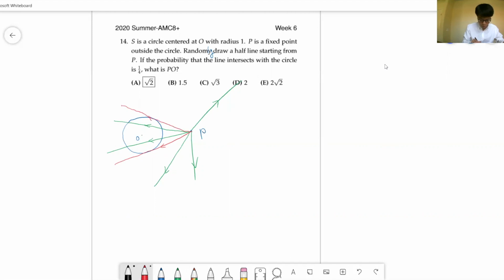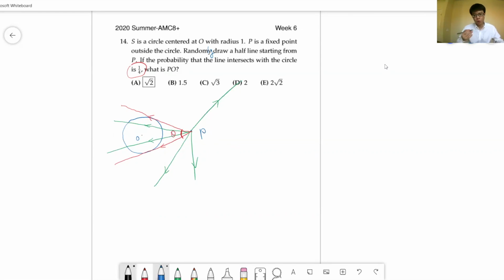And if we draw a half line within these two red lines, it will intersect the circle. Now the probability is 1/4. That means these directions account for 1/4 of all directions. So 1/4 of 360 degrees is 90 degrees. That means this angle theta should be 90 degrees.